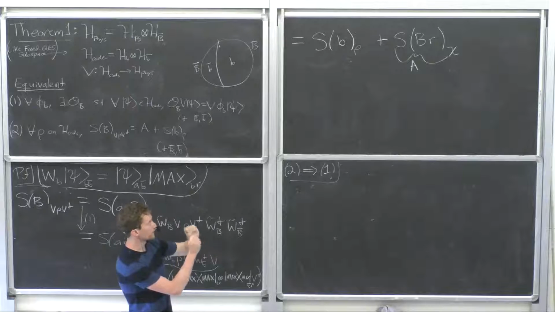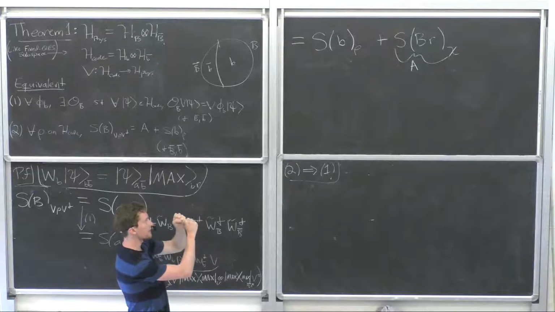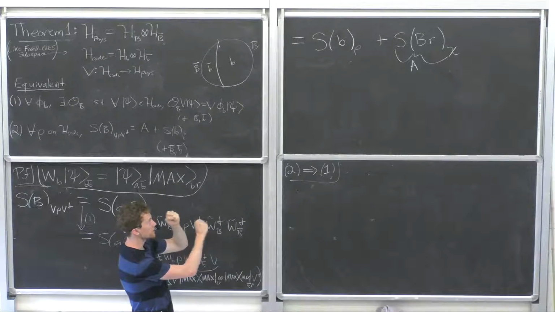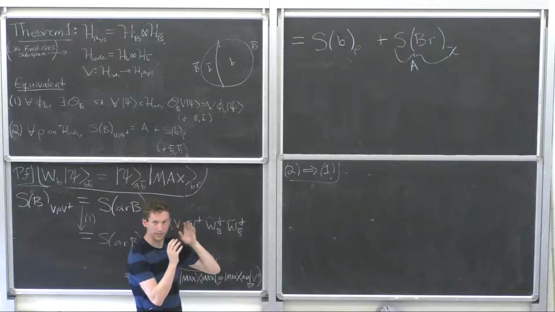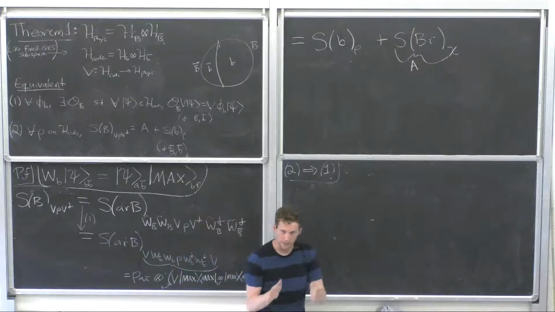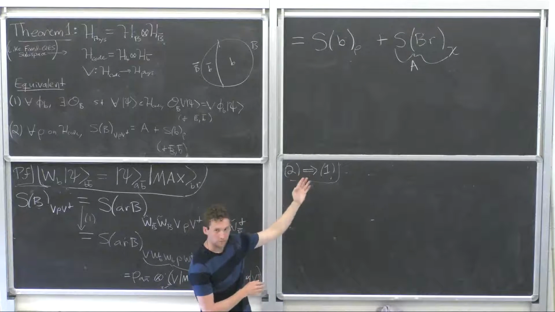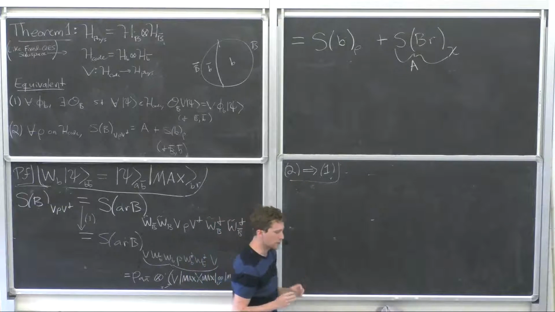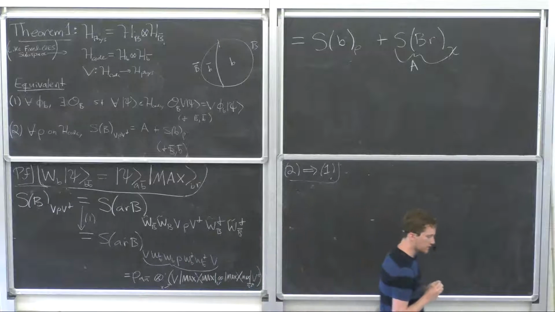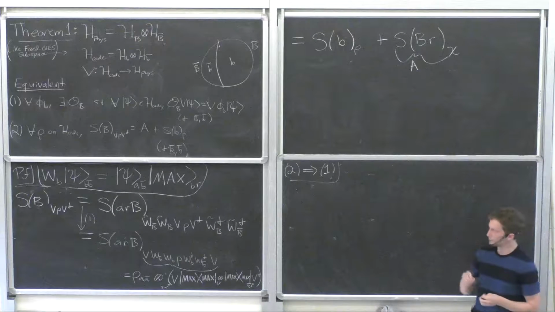The most important feature is that these entropies just add together. Just like in the QES formula, you got this area piece and it added to the bulk entropy piece. That same thing happened here. And so you get this extra piece and it's some feature of the code. It doesn't depend on the state rho.